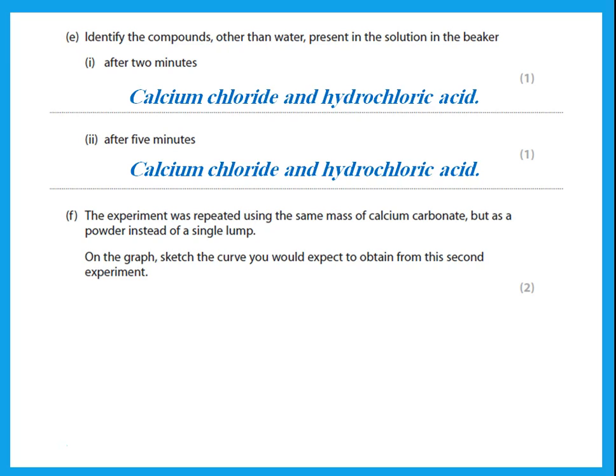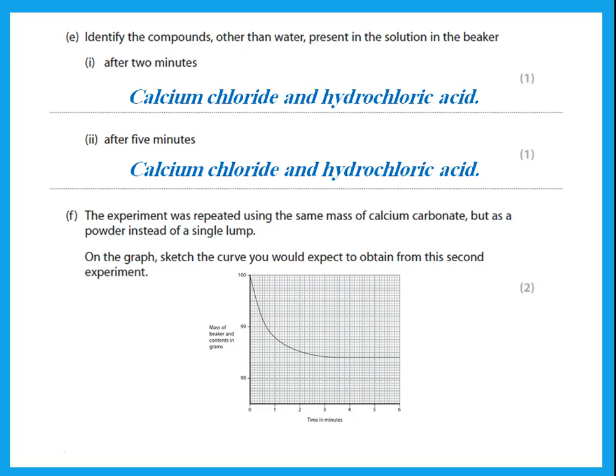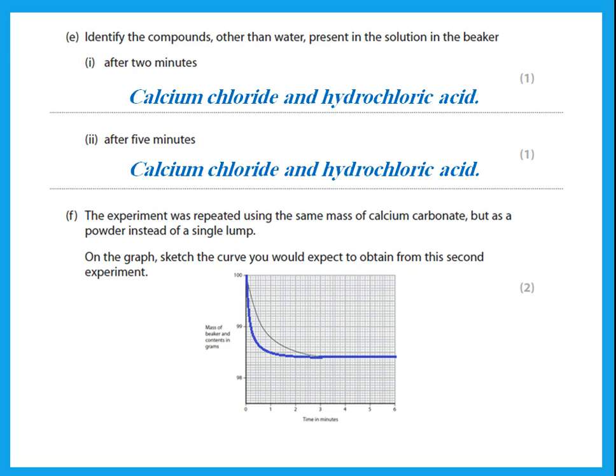Okay? The experiment was repeated using the same mass of calcium carbonate, but as a powder instead of a single lump. And we said, if I use powder instead of lumps, that means powder means larger surface area, and that means the rate will be faster, and that means what will you draw on the graph? If the reaction is faster, that means it goes down faster, and that would be your graph.